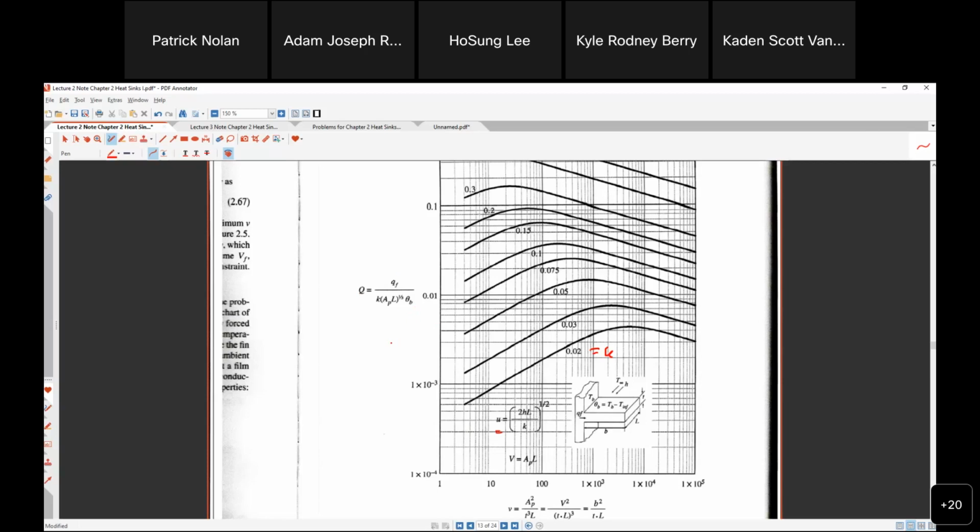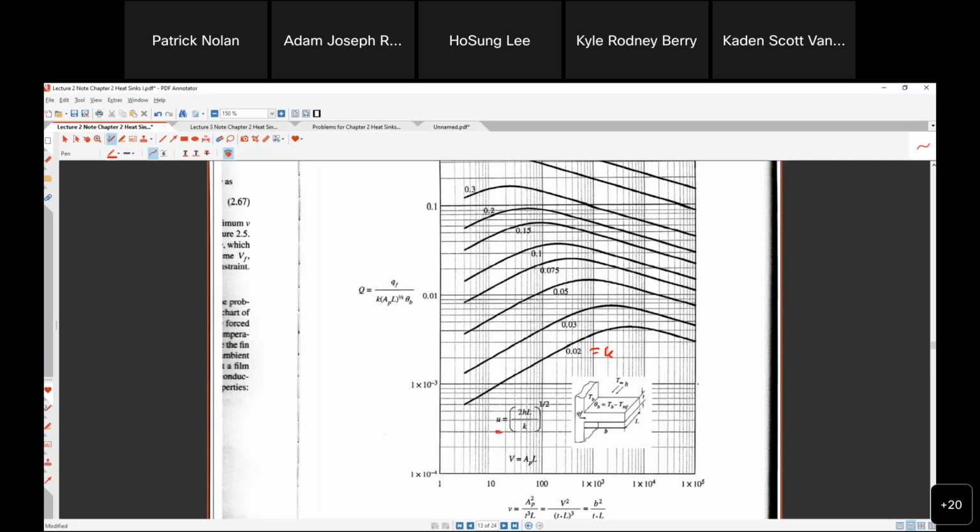So there are several cases. u is given, and volume is given. Look at that, volume is given.